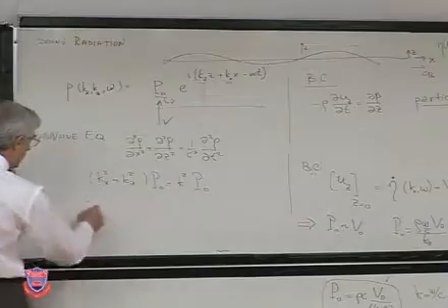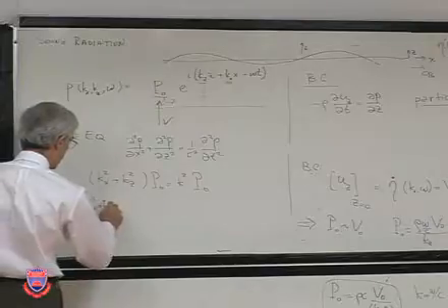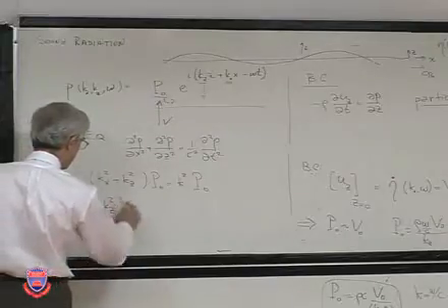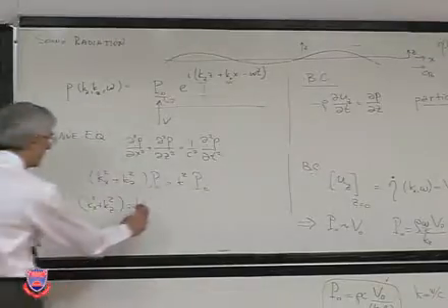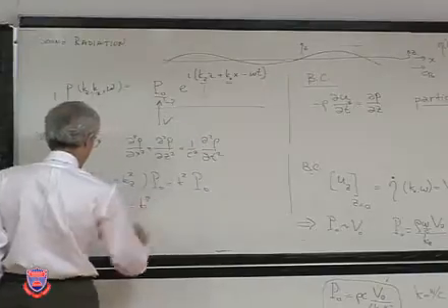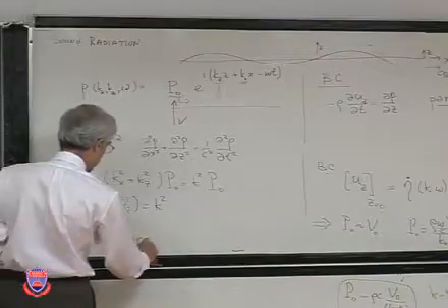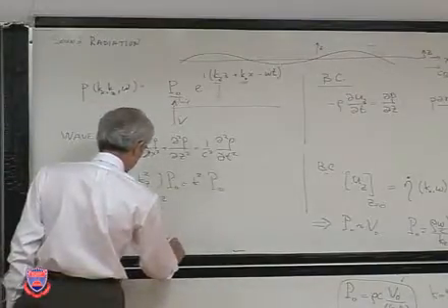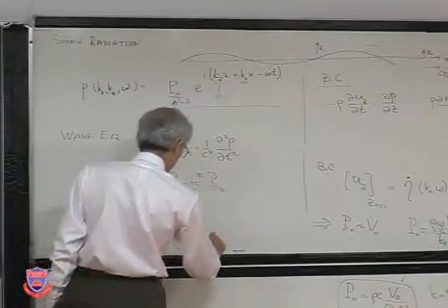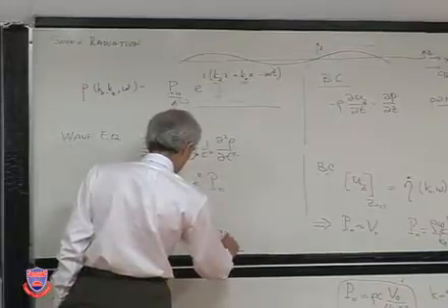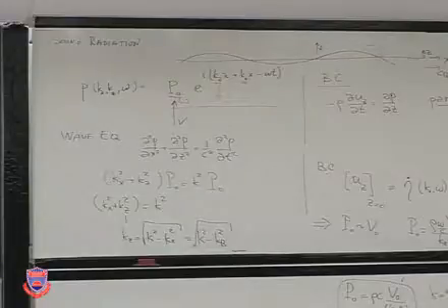And so from here, we must have, so we now finally have the expression for the wave number in the z direction.